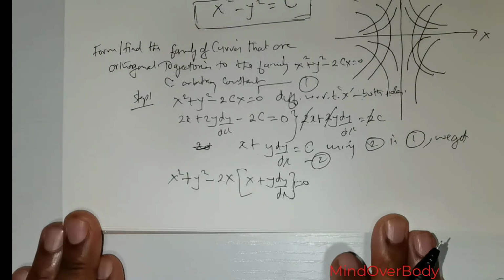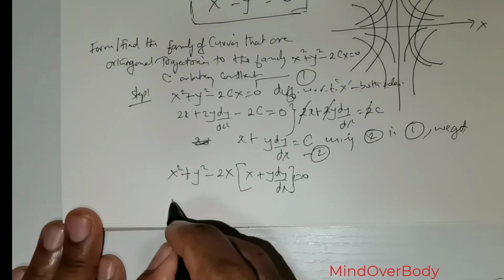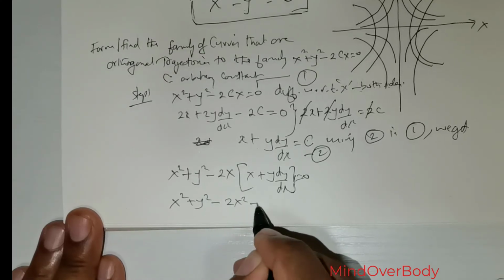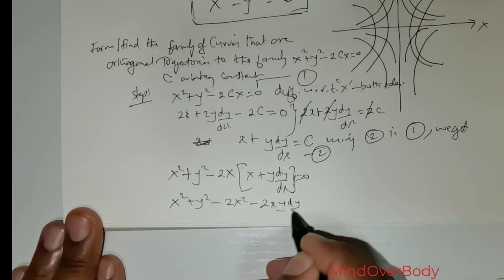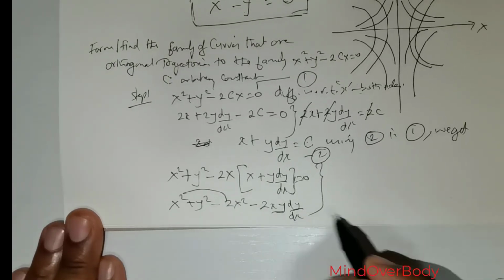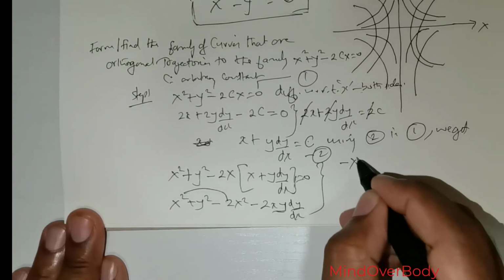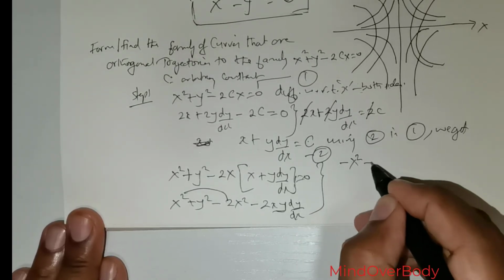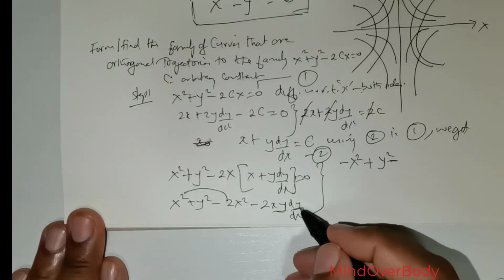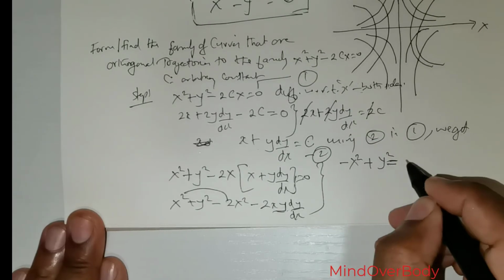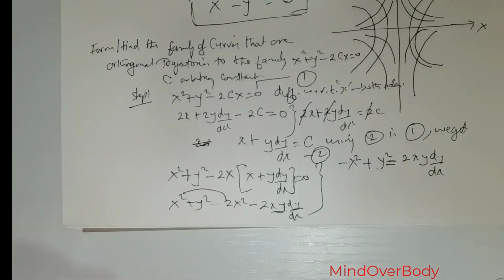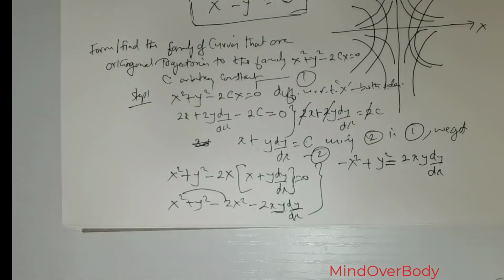So I can rewrite this as x squared plus y squared minus 2 times x squared minus 2 times x times y dy over dx. x squared and minus 2x squared can be added, so this is going to give me minus x squared plus y squared minus 2 times xy dy over dx. So I'm going to push this to the other side, and this is going to give me 2 times xy dy over dx. Now this is my step 1.